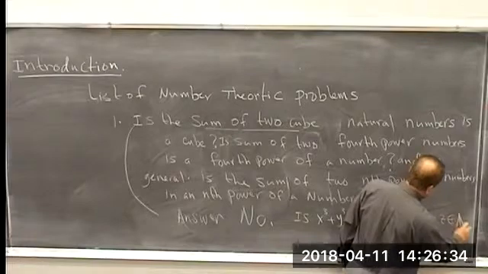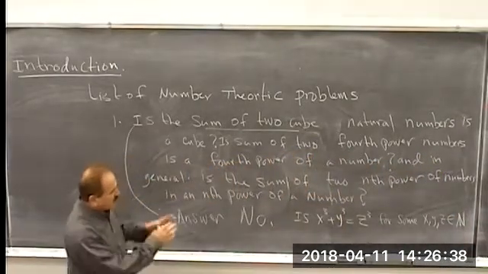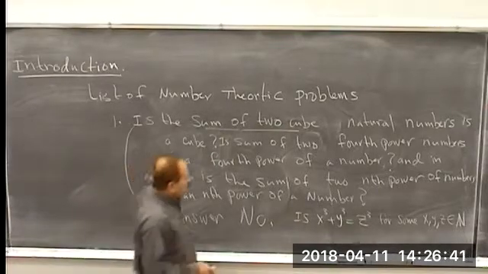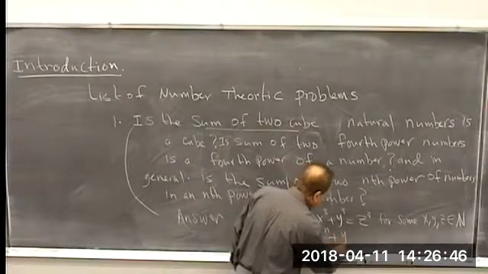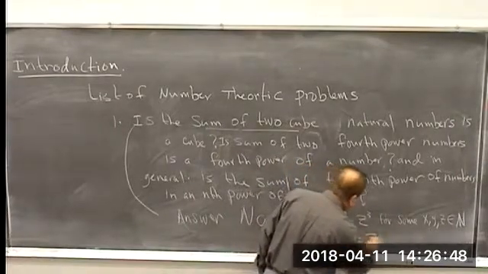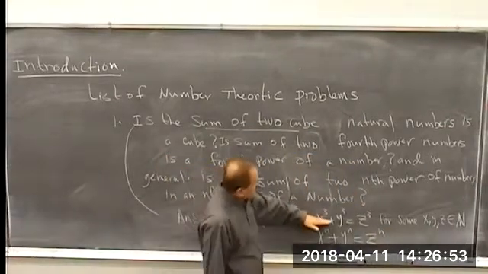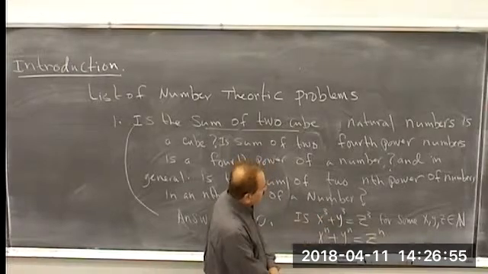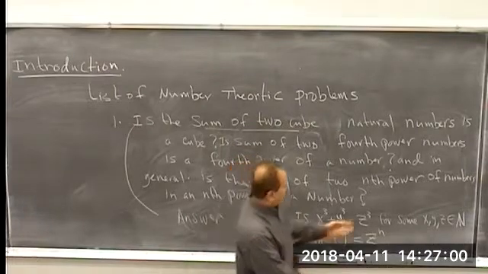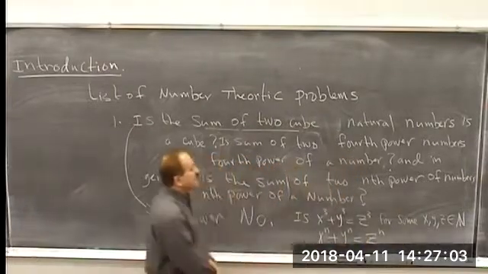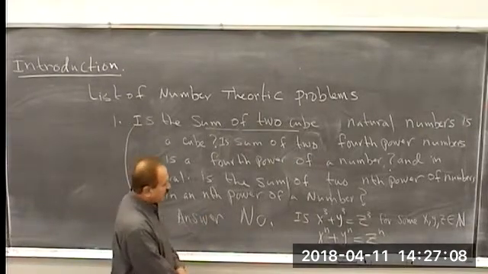These are natural numbers. The set of natural numbers we denote by N, starting from 1 and so on. Or fourth power, or in general, is this. Basically, if you think of this equation as in three variables, does this equation have solutions that are natural numbers? Such a type of equation is called a Diophantine equation, and we're going to be studying some of these.